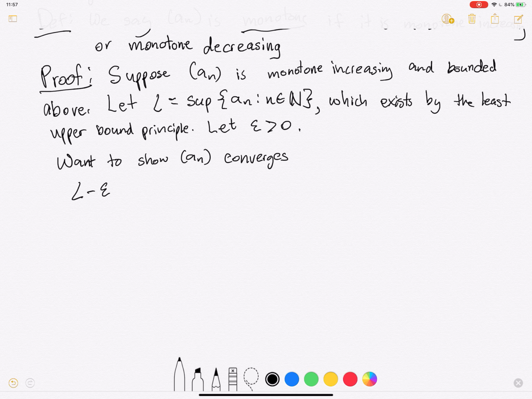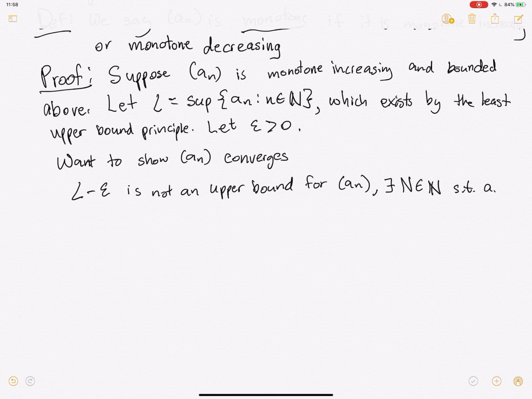L minus epsilon is not an upper bound for the sequence because L is the least upper bound. So there is a natural number N such that a_N is greater than L minus epsilon.